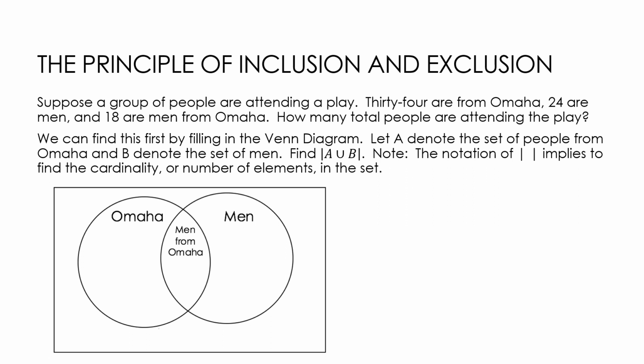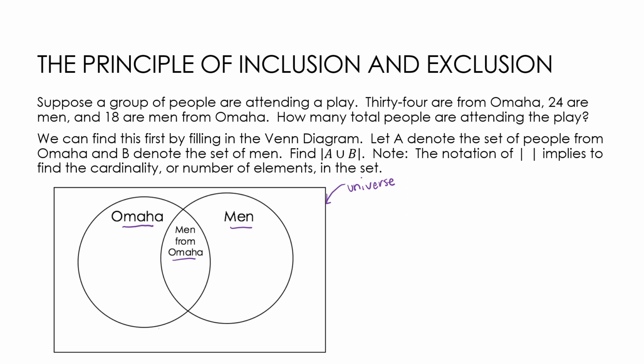And I just want to point out to you that typically when I draw a Venn diagram, this box is the universe. So in this case, if we're talking about people who are attending a play, the universe may be all the people who attended the play. And then within it, we're looking at people who are from Omaha, people who are men, specifically men from Omaha.